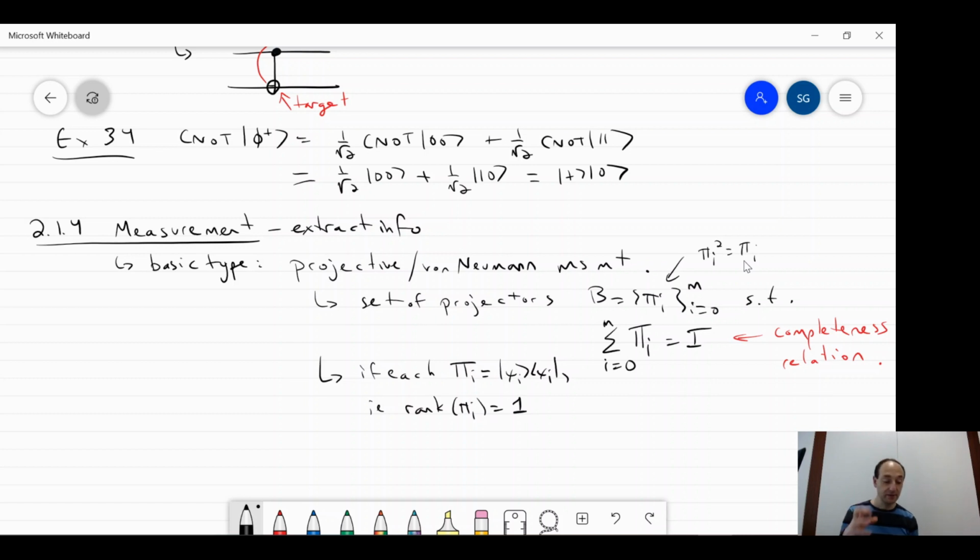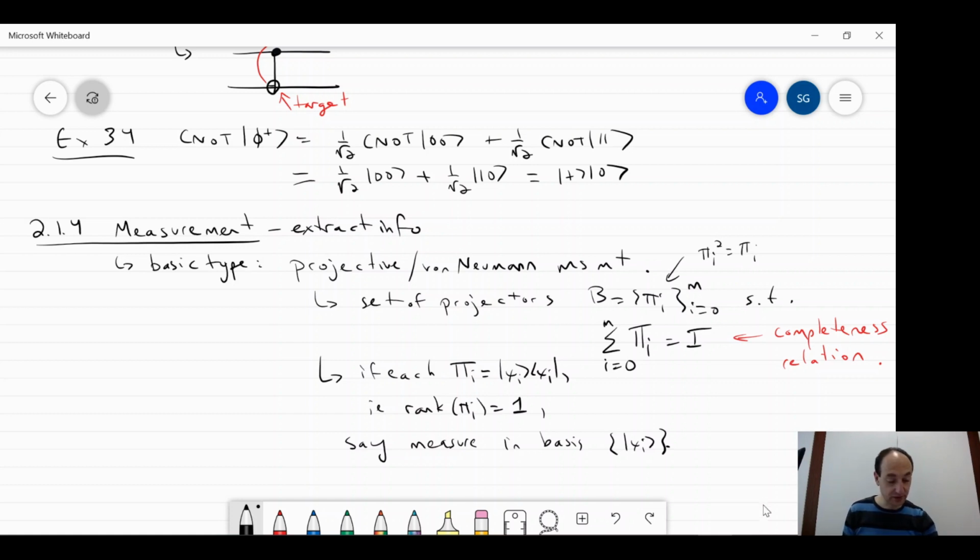Okay, so whenever these guys are all rank 1, then we say we measure in the basis ψ_i. Okay, so I have these projectors, they're all rank 1, they sum to identity, so I know that they are a complete orthonormal basis for the space. So then doing this projective measurement, remember, is what we call measuring in that basis ψ_i.